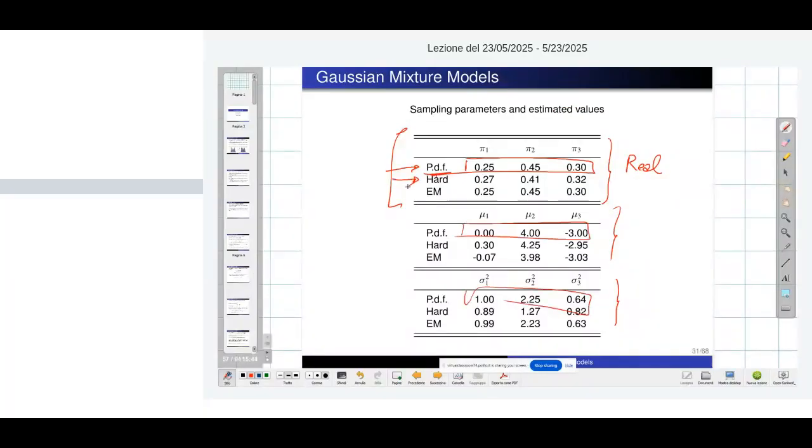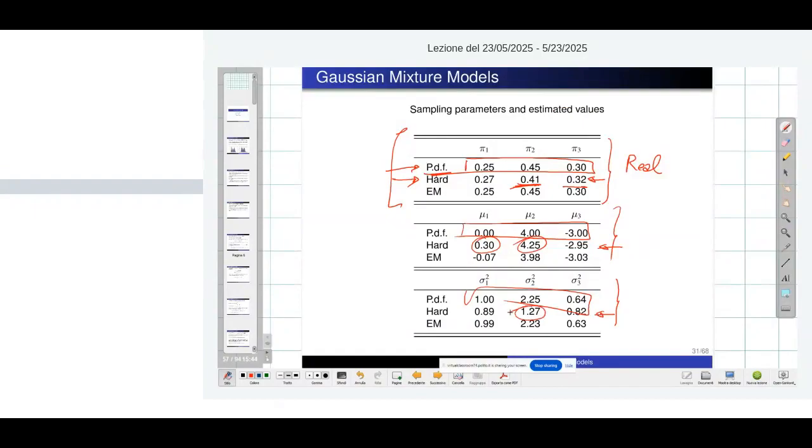The second line is the estimate of the parameters obtained by the first iteration, which we see for the weights. It's not that bad, but it still undershoots the weight of the second component by almost 10%. For the means, we can see that it's even worse. It misplaces the mean a bit, and things become even worse for the variances.